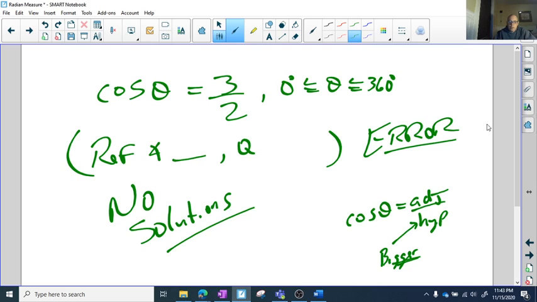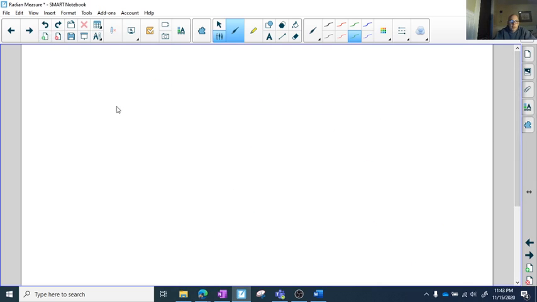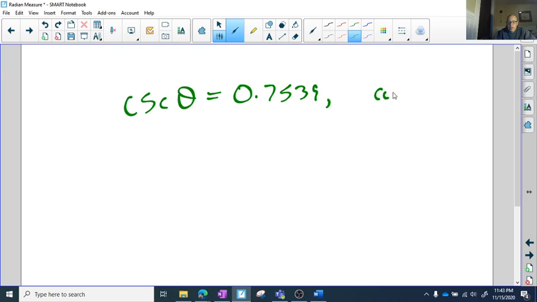And of course, the converse of that is if I had cosecant of theta is 0.7539, and you start trying to find this on your calculator, same thing, it's not going to work, because cosecant of an angle is supposed to be the hypotenuse over the opposite.